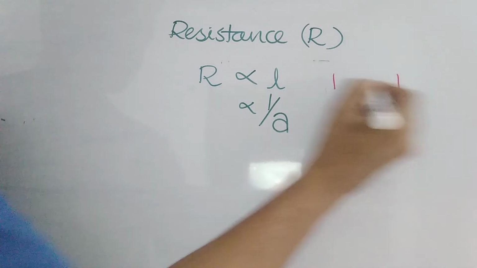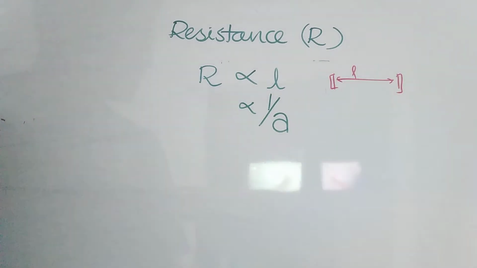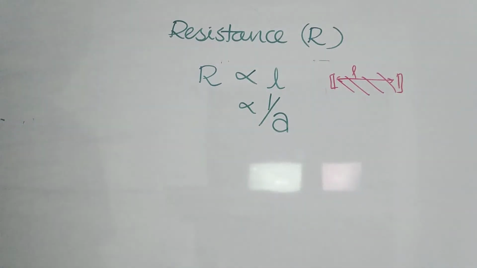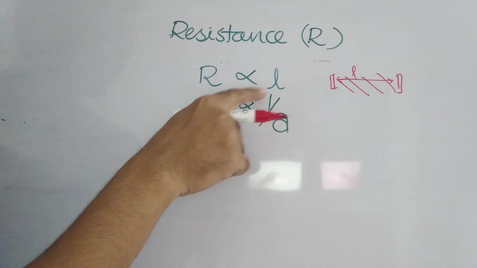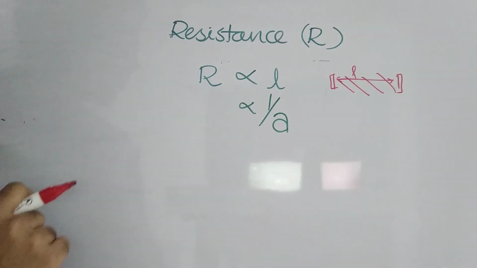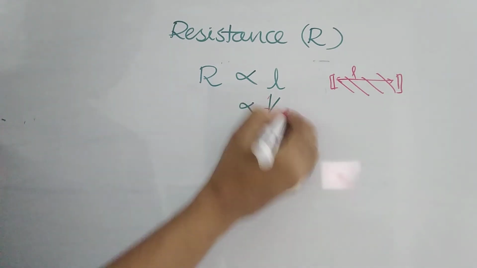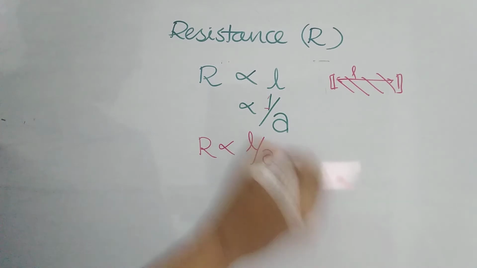If these are the two electrodes, this distance is L, and the area of cross section is A. Resistance offered by an electrolytic solution is directly proportional to length and inversely proportional to area of cross section. R is proportional to L, R is proportional to 1/A. So R is proportional to L/A.